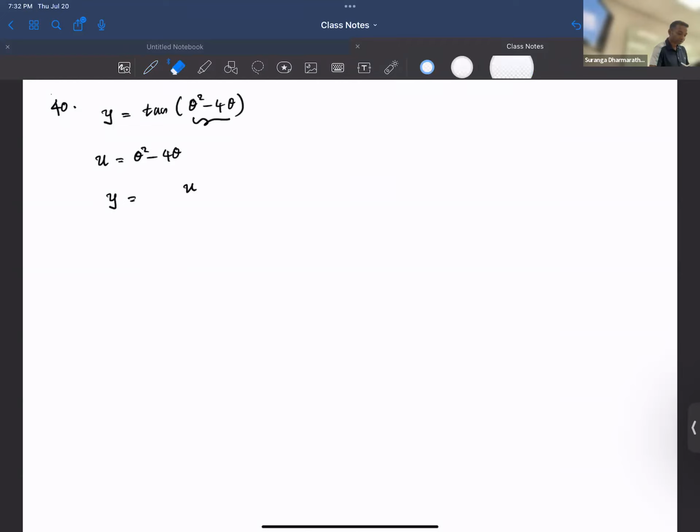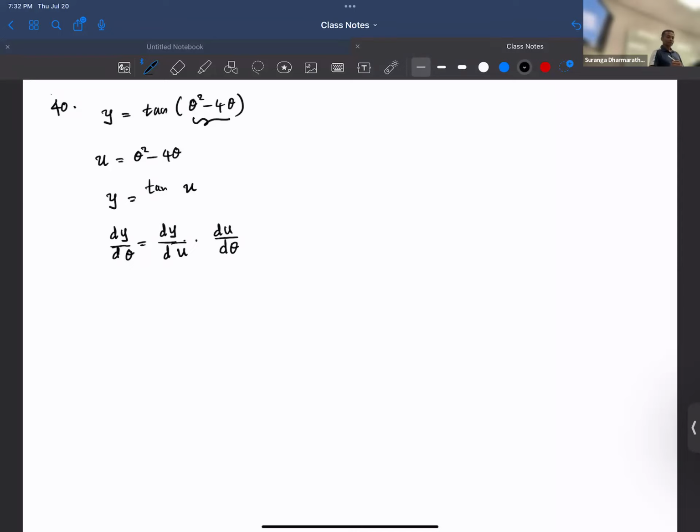Can you do it now? Tangent u. So you can find dy over d theta, which is dy over du times du over d theta, right?